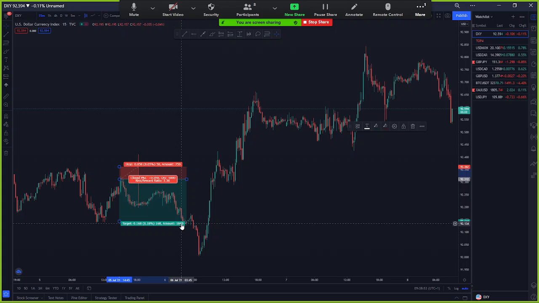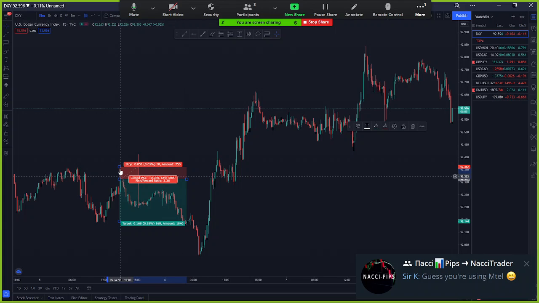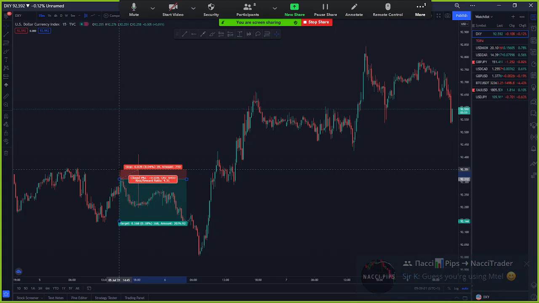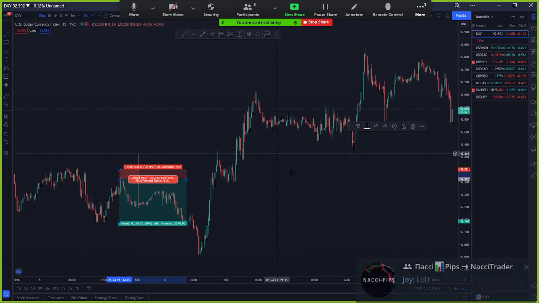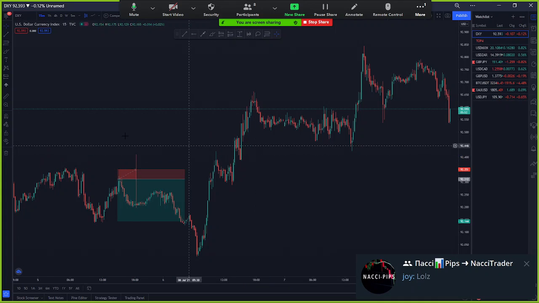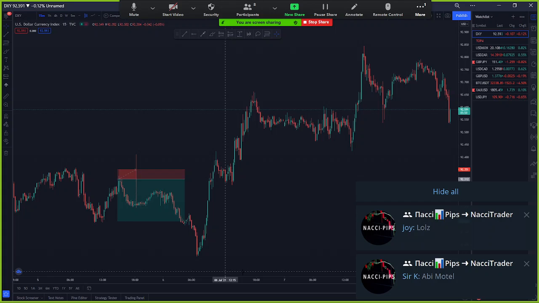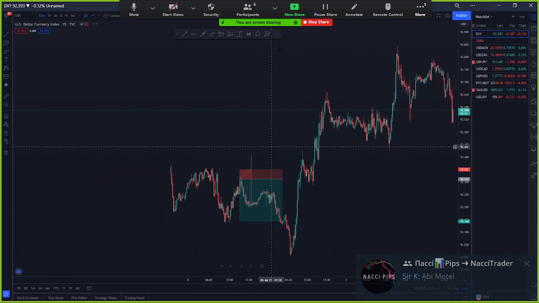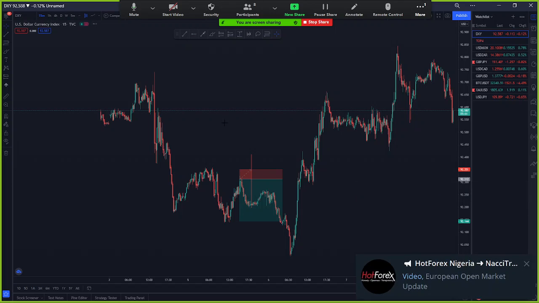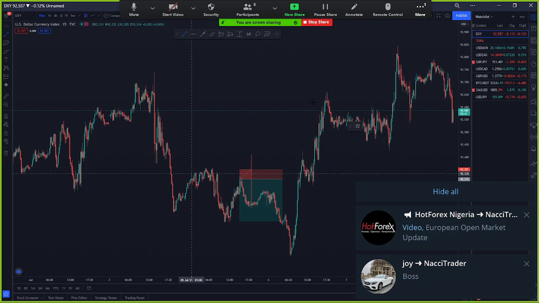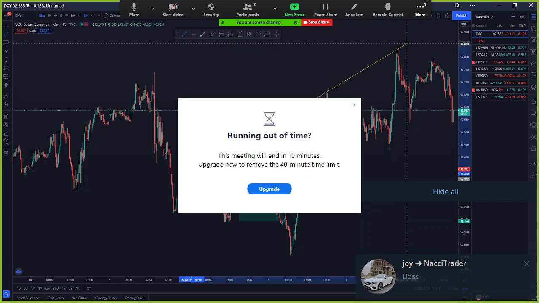Yes, I need to understand. Yeah, you limit your risk to what you want to do. If you use this stop loss, it would have hit, and we had another setup here, somewhere around here, I guess.